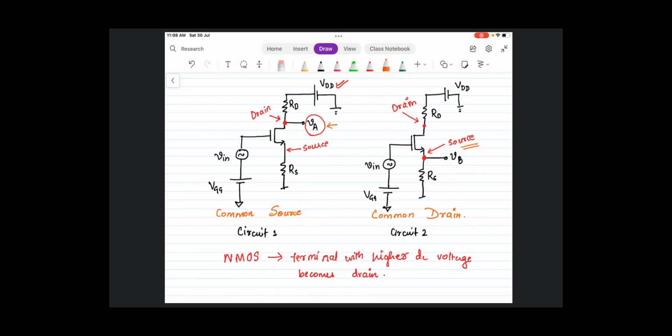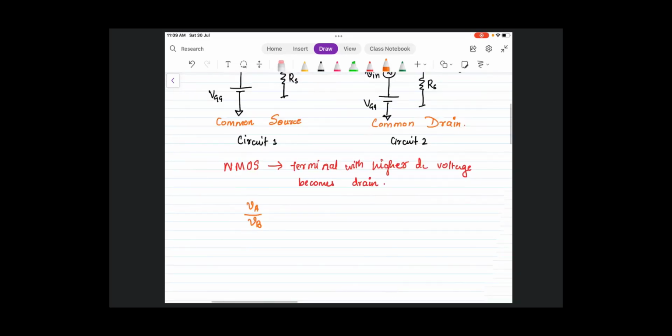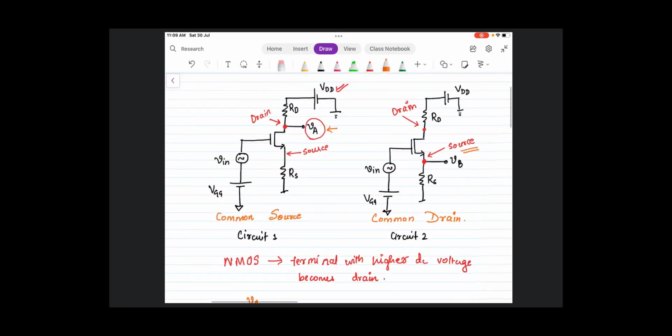Basically, in this question they have asked VA by VB, the ratio of the voltages, where one is taken from the drain and the other from the source, and therefore there can be multiple approaches to solve the question.